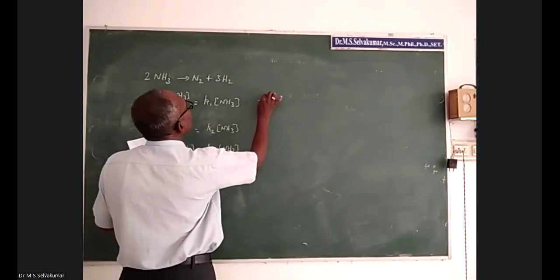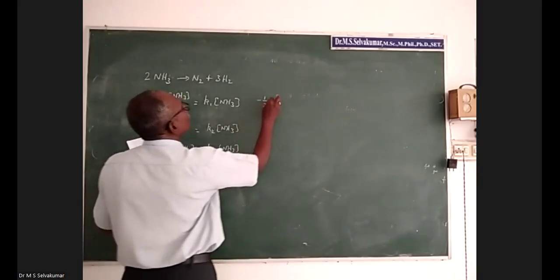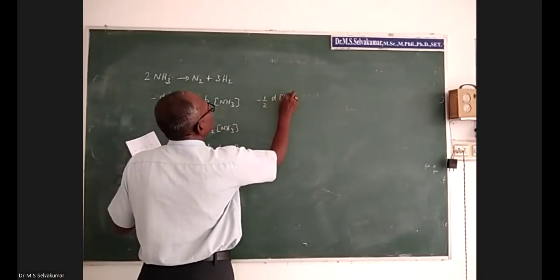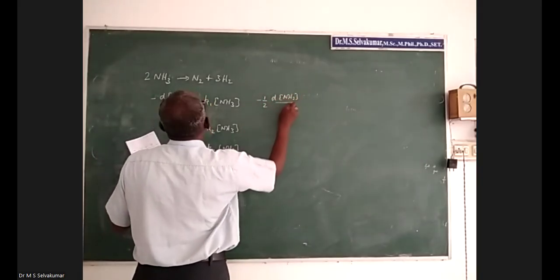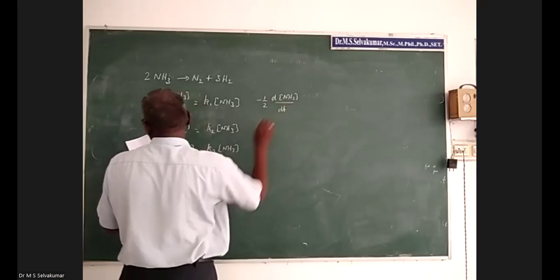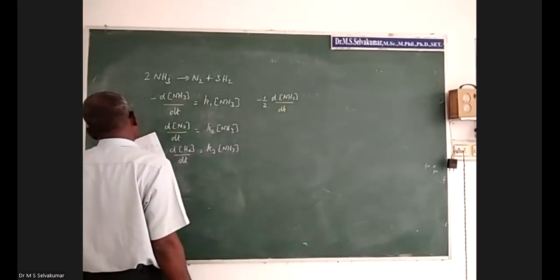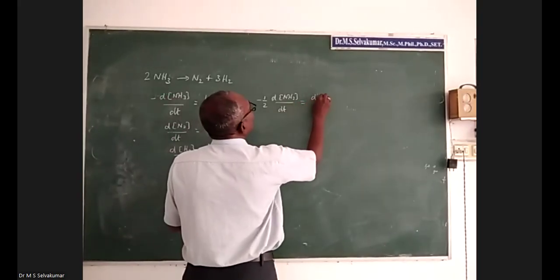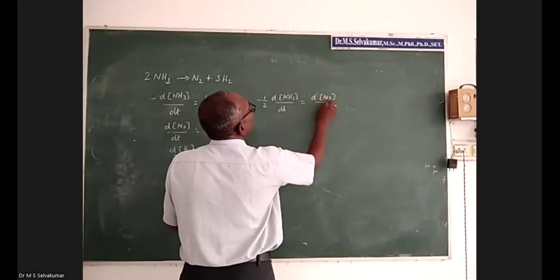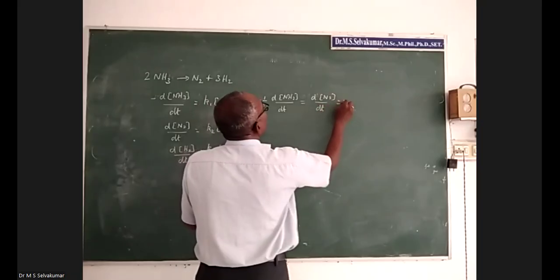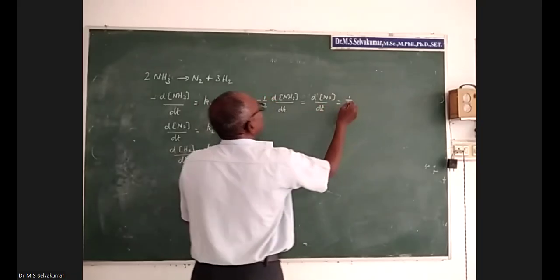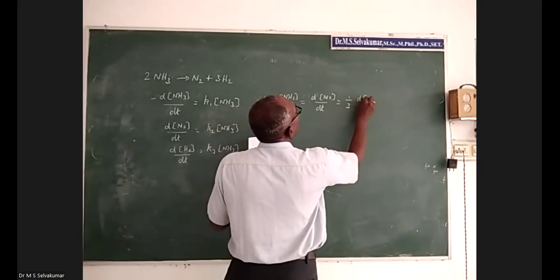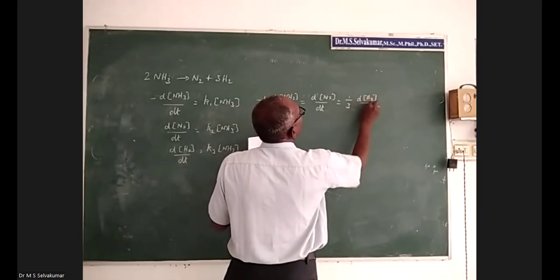It is minus 1 by 2 d[NH3]/dt is equal to d[N2]/dt is equal to 1 by 3 d[H2]/dt.